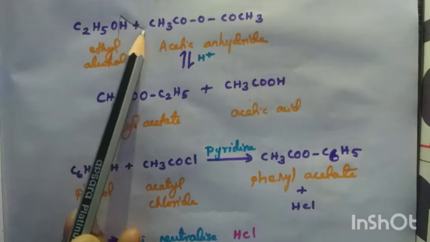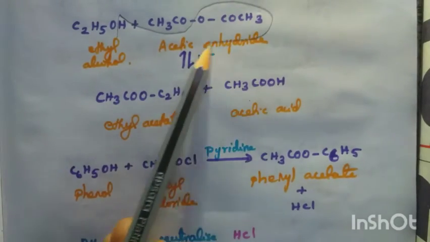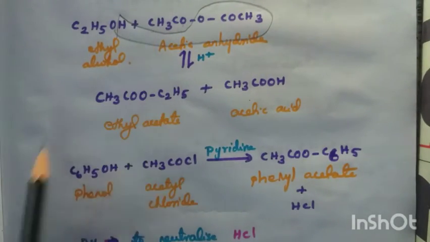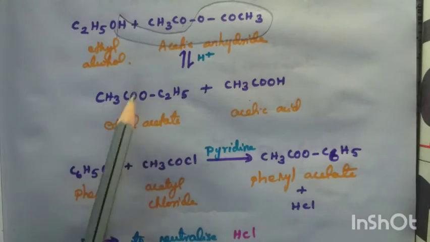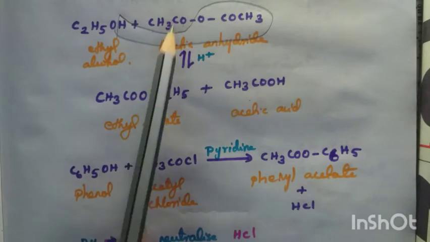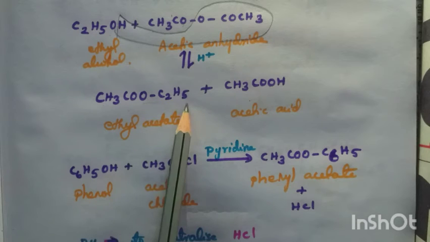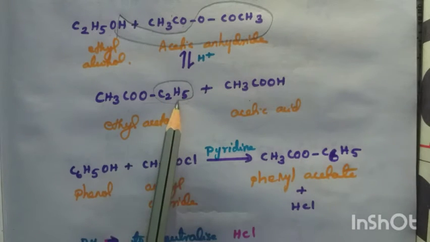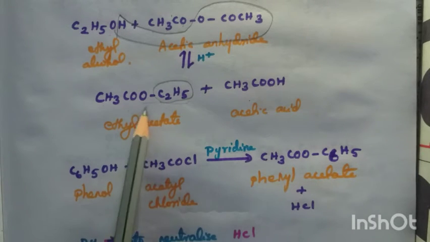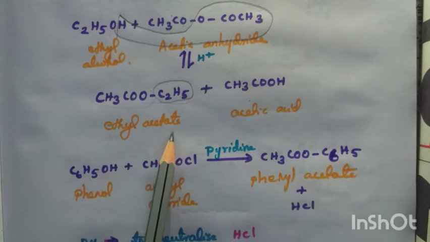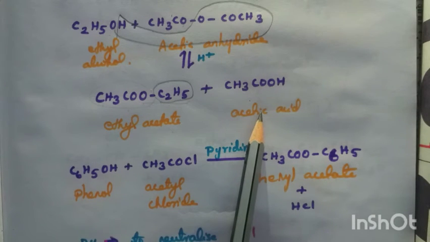This hydrogen with this. Which group is added here? COCH3. So we get CH3CO, OC2H5. Which group is attached to oxygen? Ethyl. So this is acetate: ethyl acetate, with the removal of acetic acid.